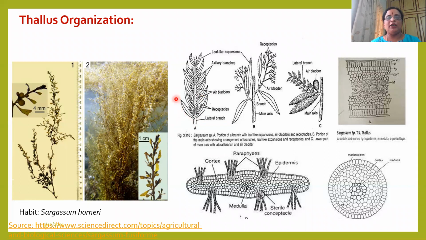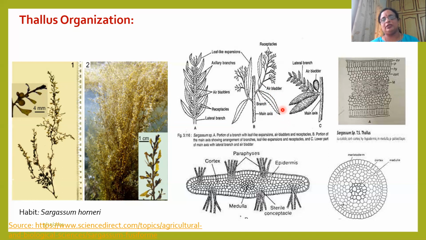If you see the leaf margin, we cannot call it a leaf here, it is a leaf-like structure, or you can call it an axillary or lateral branch. This leaf-like structure has a midrib-like structure, and its margin is serrate or dentate.